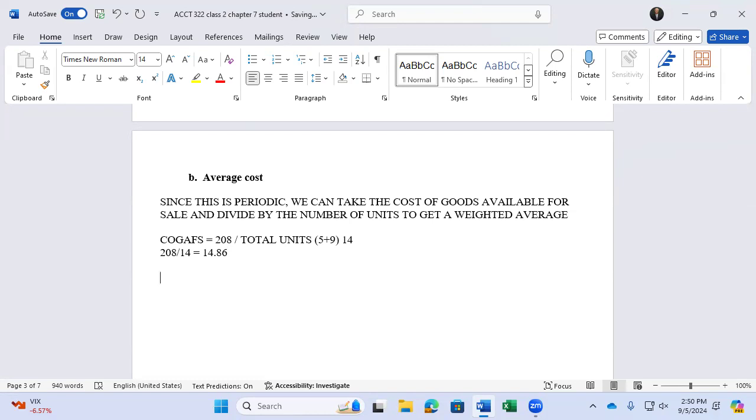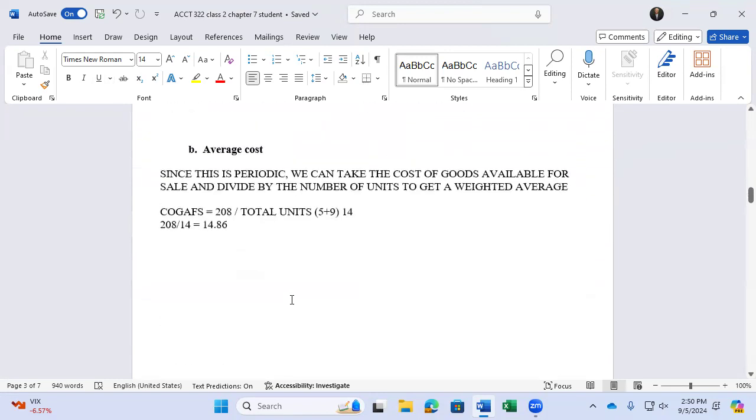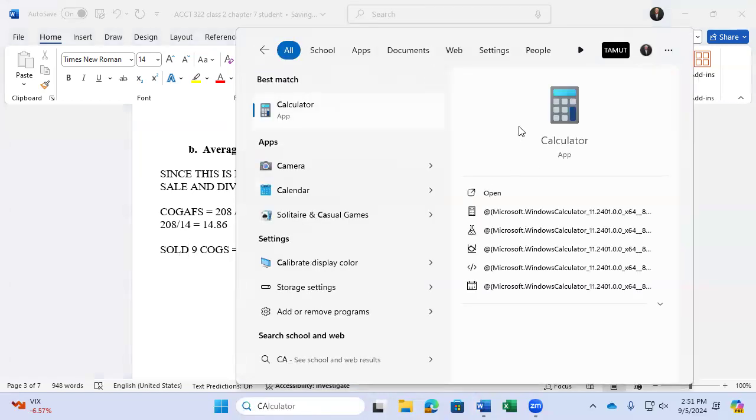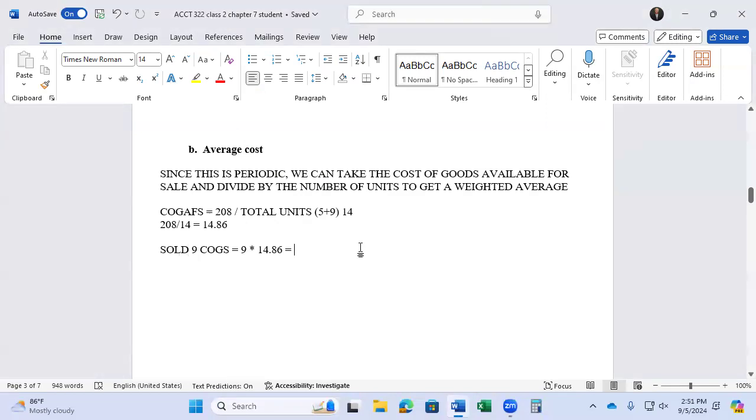So sales wise, I think we had 5 units left over in inventory. Yeah, 5. So we sold 9. Our cost of goods sold equals 9 times 14.86, which gives 133.74.